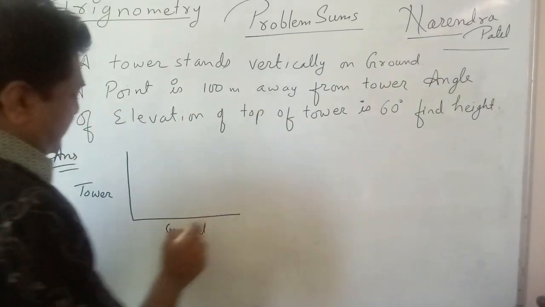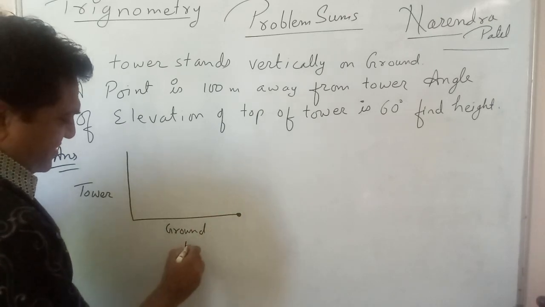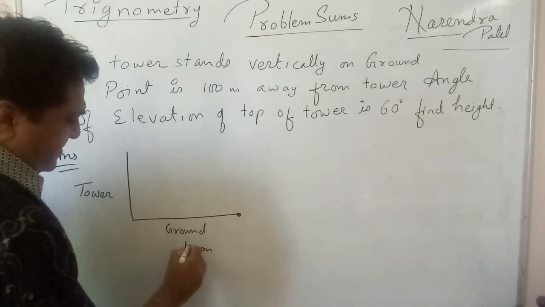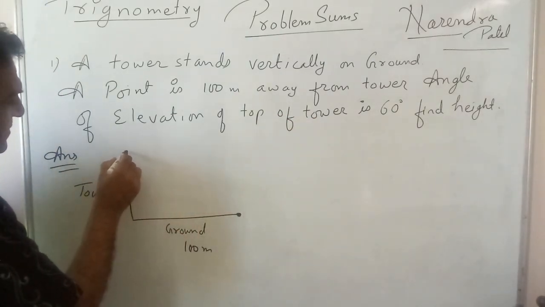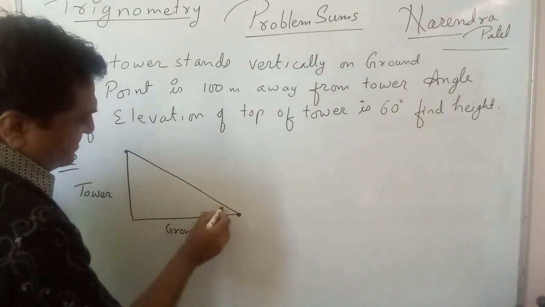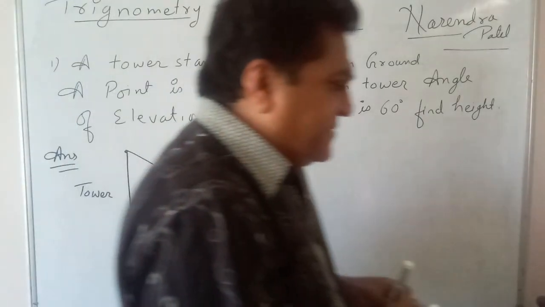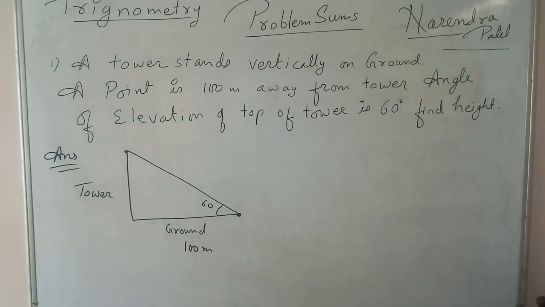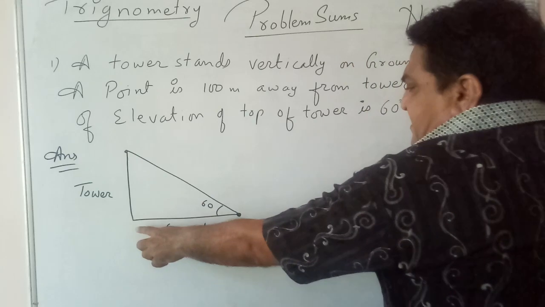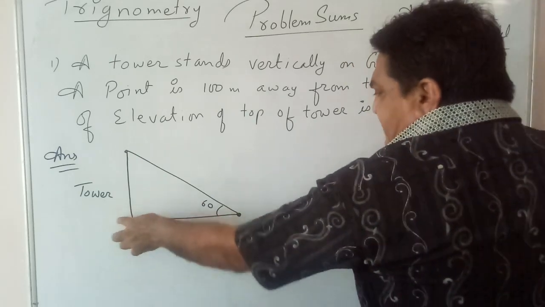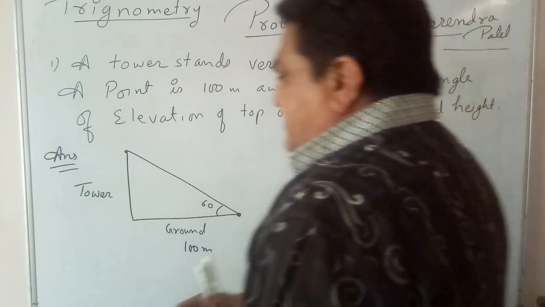The point is 100 meters away from the tower. This is the top of the tower, and the angle of elevation is 60 degrees. See, I have drawn a figure.